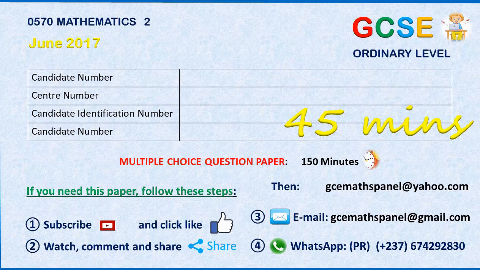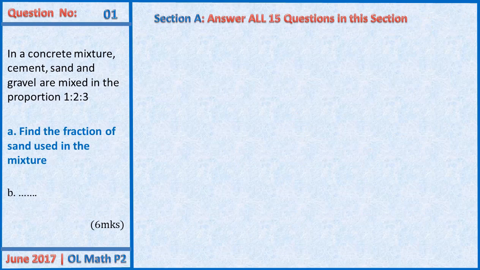To proceed, we begin with question number 1 of this June 2017 paper 2. In a concrete mixture, cement, sand, and gravel are mixed in the proportion 1:2:3. Find the fraction of sand used in the mixture.